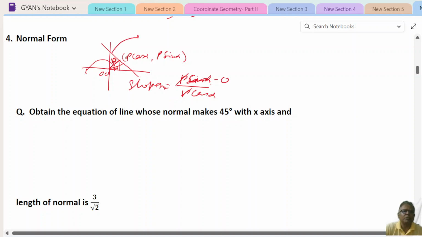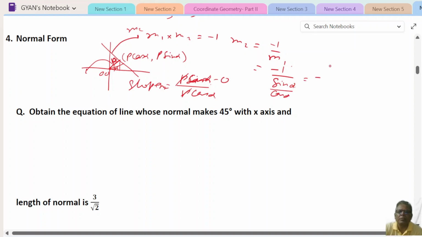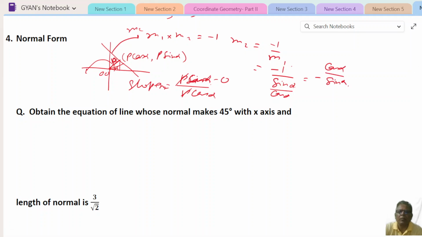So the slope of this one is perpendicular because it's a normal. Suppose this is m2. m1 into m2 is equal to minus 1, then m2 is equal to minus 1 by m1. So minus 1 divided by sin alpha by cos alpha, that is equal to minus cos alpha divided by sin alpha.